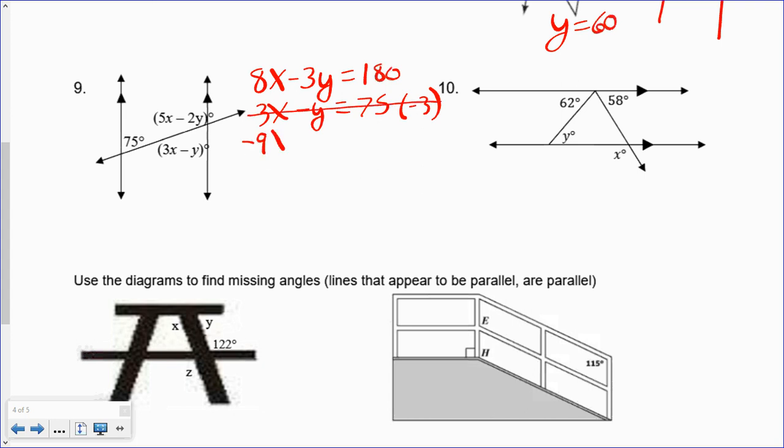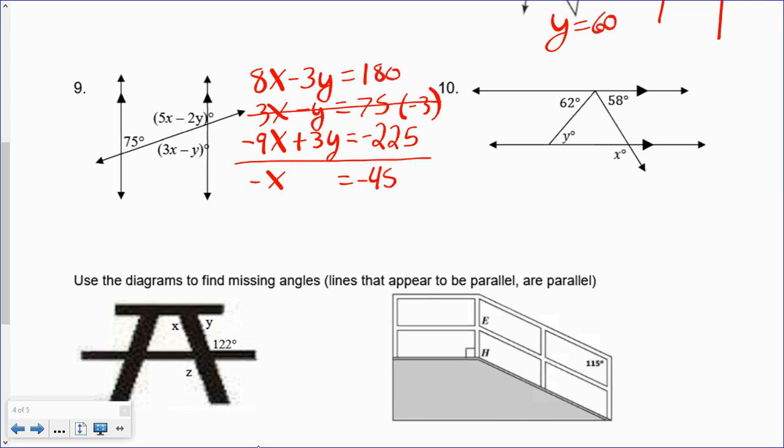So negative 9x plus 3y equals negative 225. Cool. All right, then we add down. 8 plus negative 9. The y's go away. 180 plus negative 225.